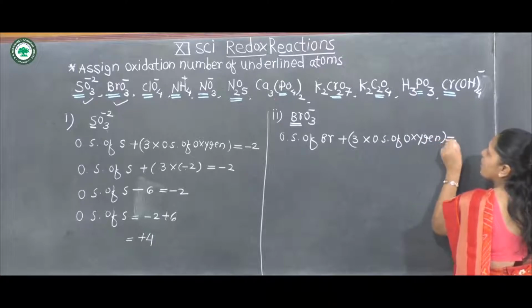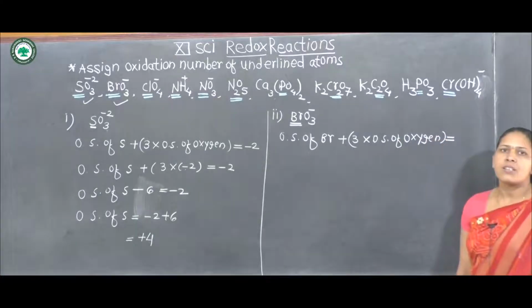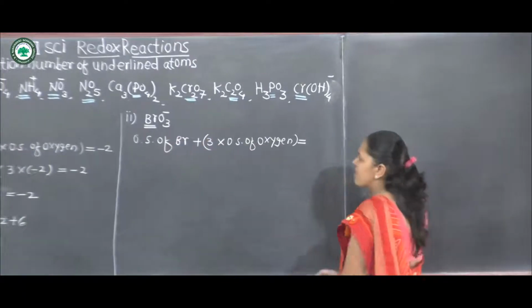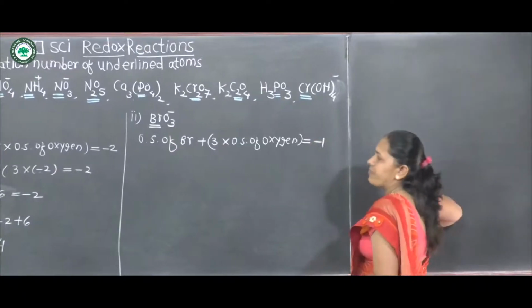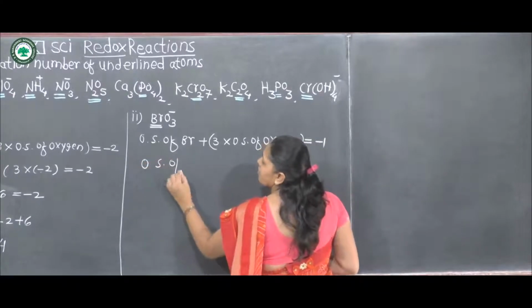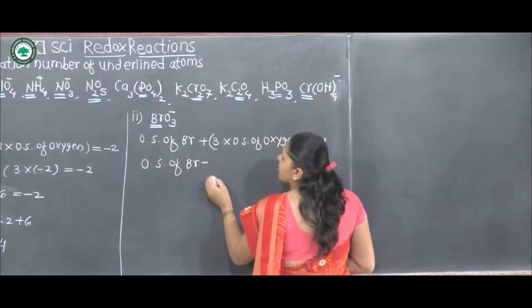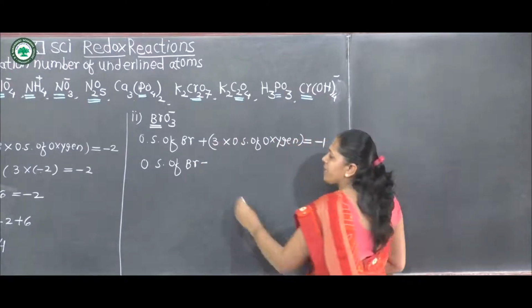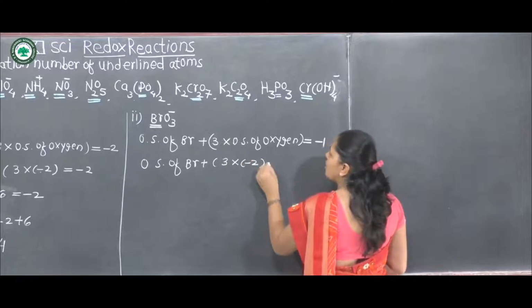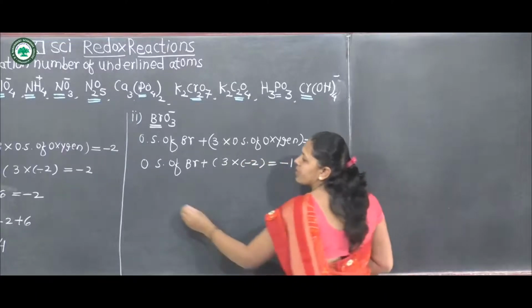It is also a polyatomic ion, therefore the algebraic sum of oxidation states of all atoms is equal to its charge. The charge is -1. Substituting, oxidation state of bromine plus 3 multiplied by the oxidation state of oxygen, -2, is equal to -1.